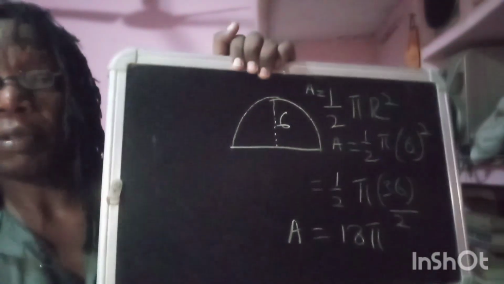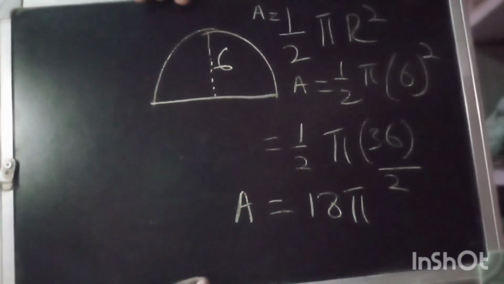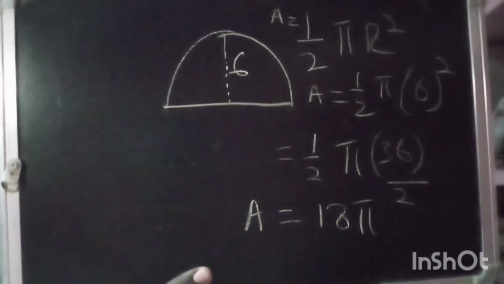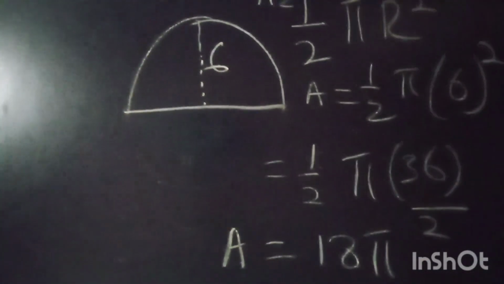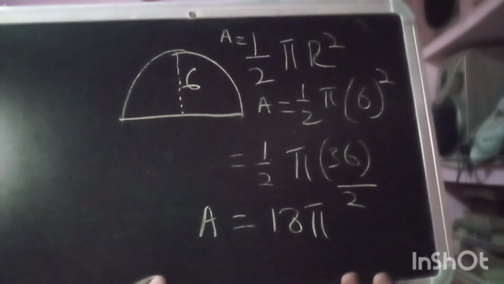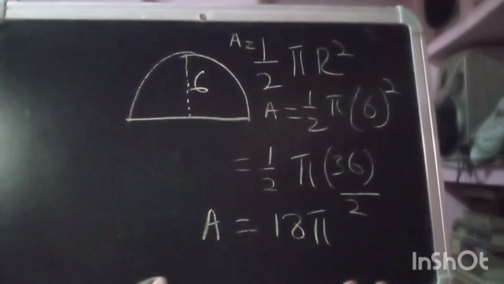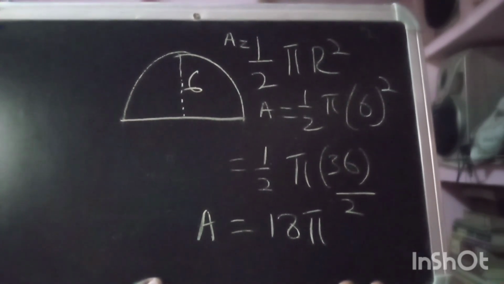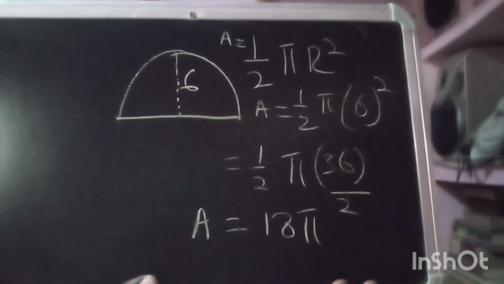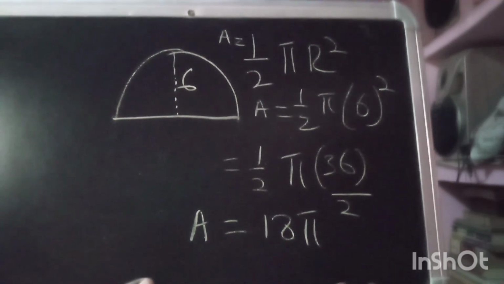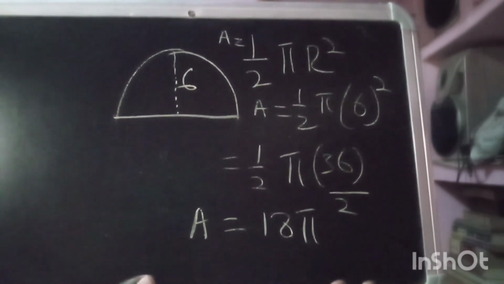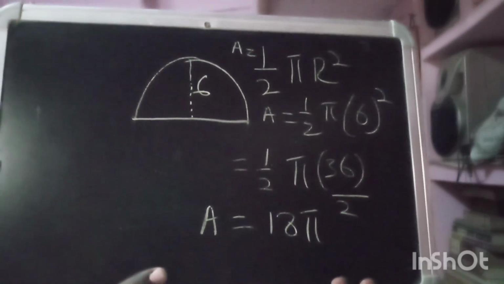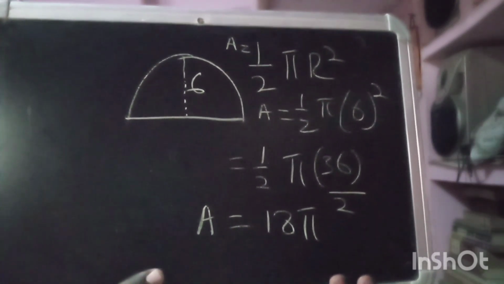How did we arrive here? We divided 36 by 2, because we are having a half, it's not full. So 36 divided by 2 is 18, and pi is still remaining there. So the half goes, and now the area will be 18 pi. Right?